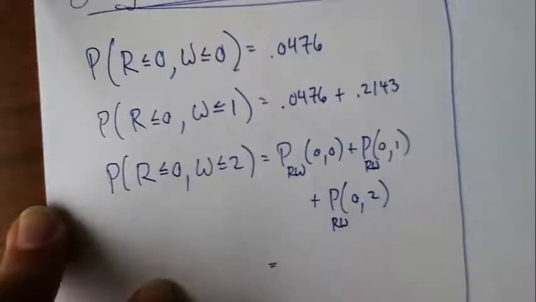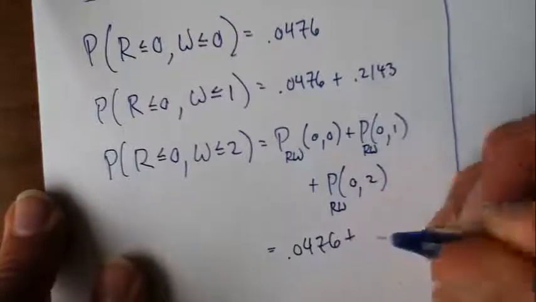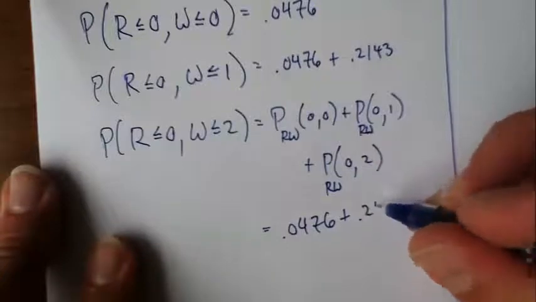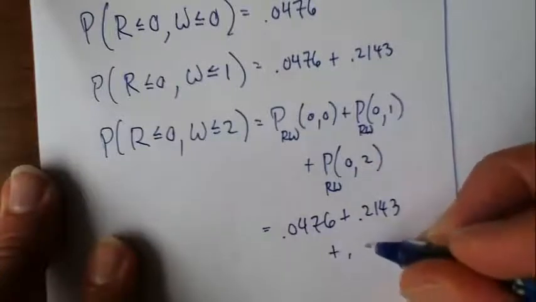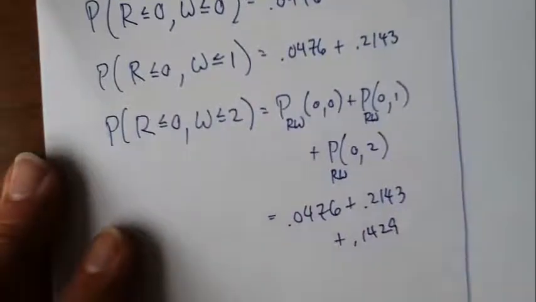Okay, so you can add those three numbers up. That's like 0.0476 plus 0.2143 plus 0.1429, etc.